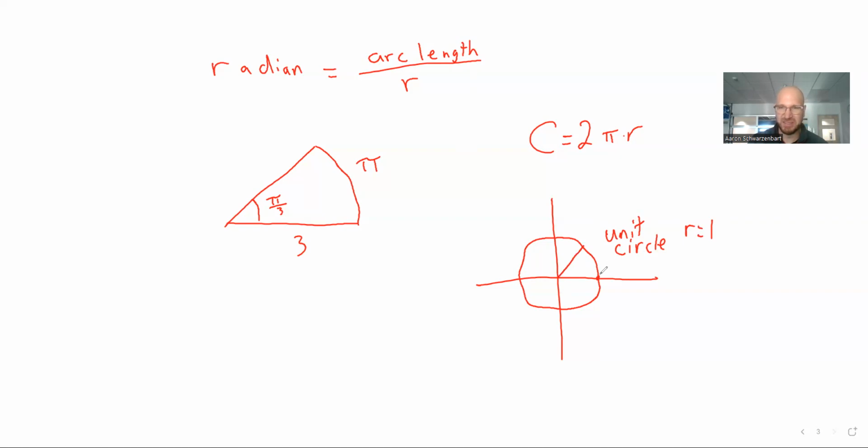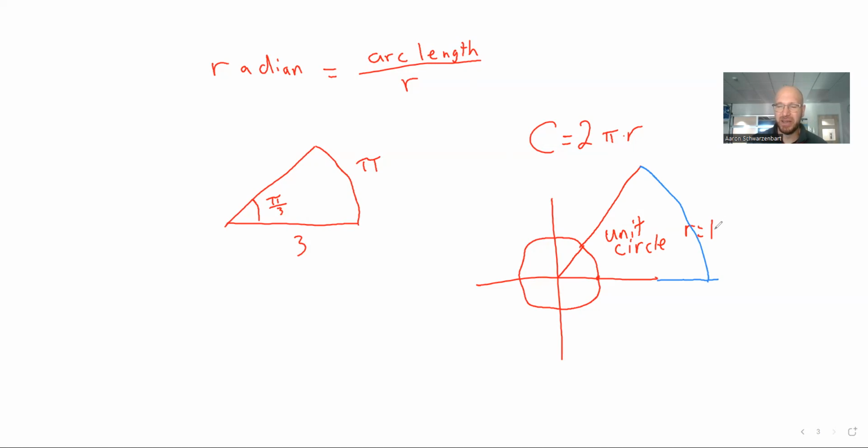Radian measure is the length of the arc of the unit circle. And it scales out, because the angle doesn't change if I make this longer and put my circle out here. Let's do that in a different color. If I put my section of circle out here, it doesn't change the angle. That's why we divide by radius.